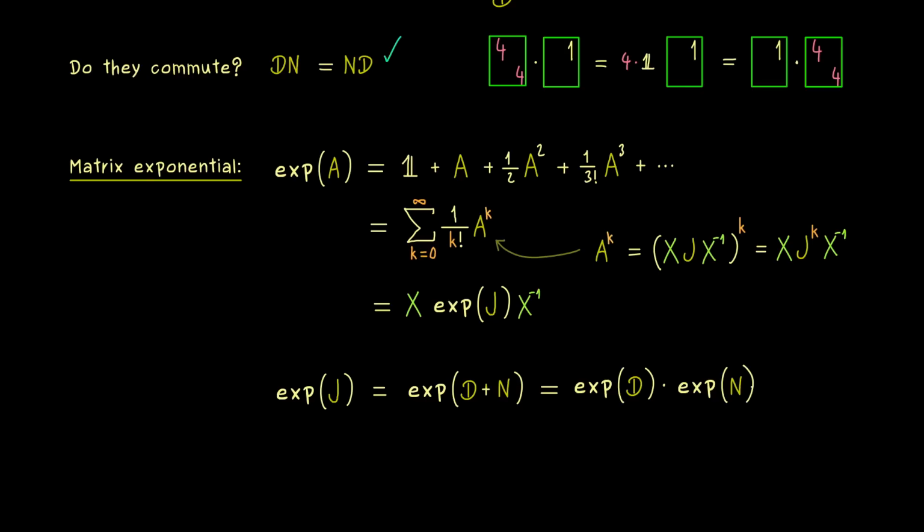Hence our result here is that we have the product of two matrix exponentials. And now you see, the only problem while calculating a matrix exponential is that you need to know all the powers of the matrix A. But of course, powers are really simple for a diagonal matrix, because all the powers just occur on the diagonal again. So the first part here is not a problem at all, we can immediately write it down. Therefore, the only powers of a matrix you actually have to calculate are the powers of the nilpotent part.